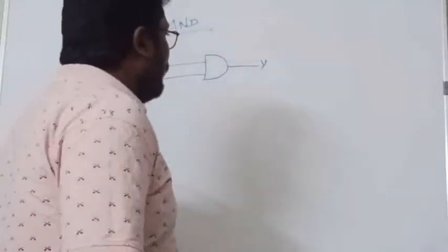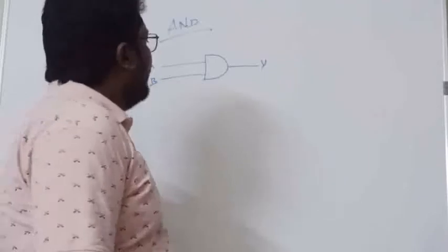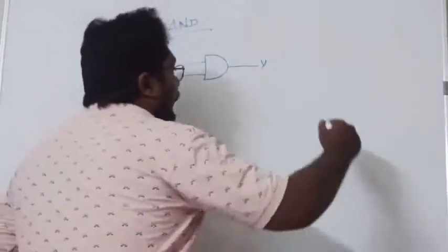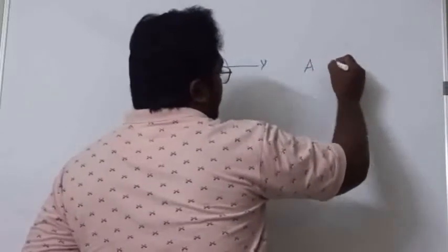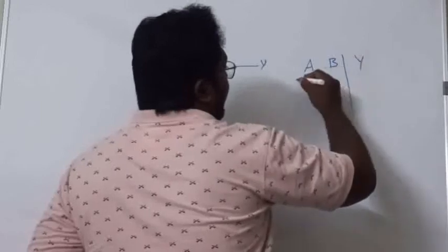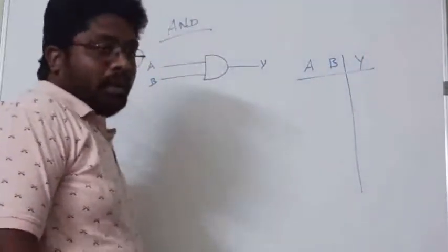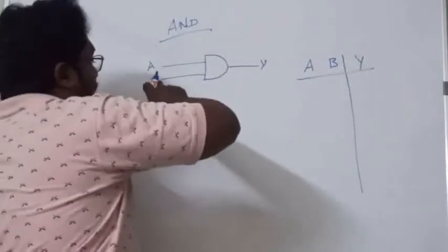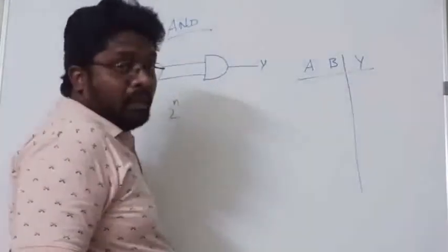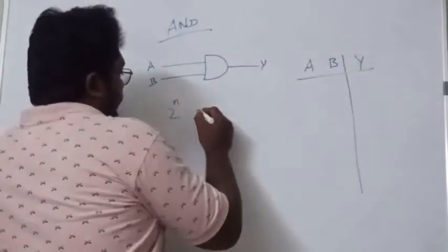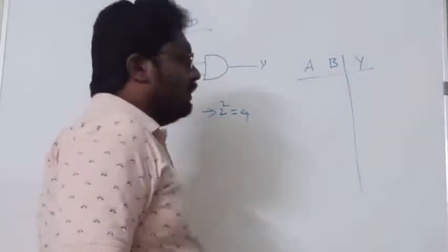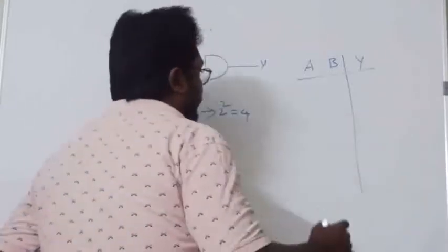Now let us find the truth table for this AND gate. Here I have 2 inputs, A and B, and a single output Y. With two inputs, 2 squared equals 4, so I have 4 possibilities.